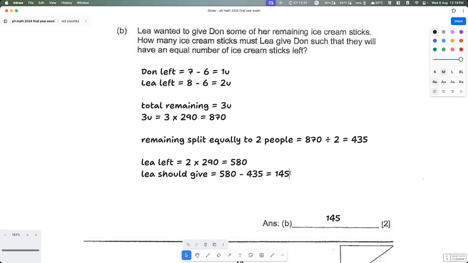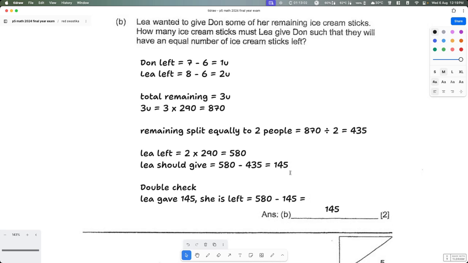So that means, if I were to double check, okay, so if Leah gave 145, she is left with 580 minus 145, which in this case is 435.